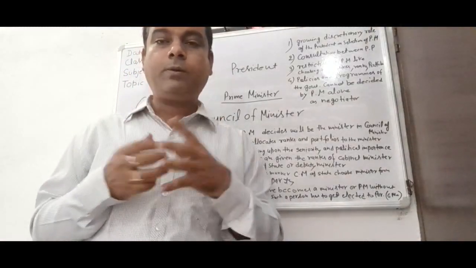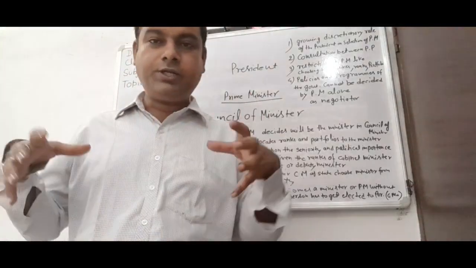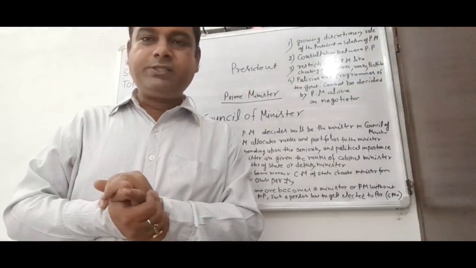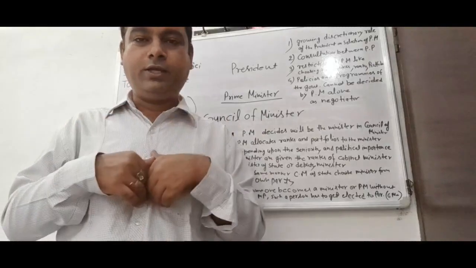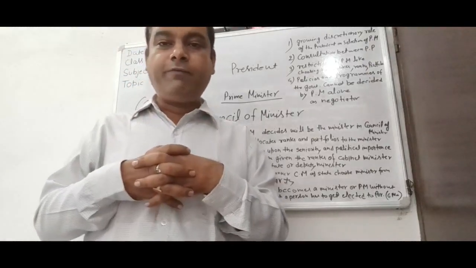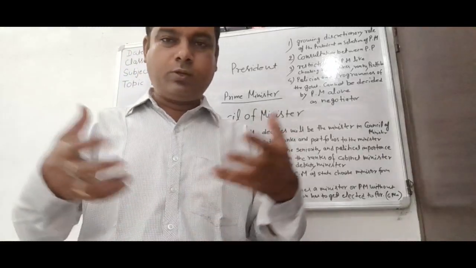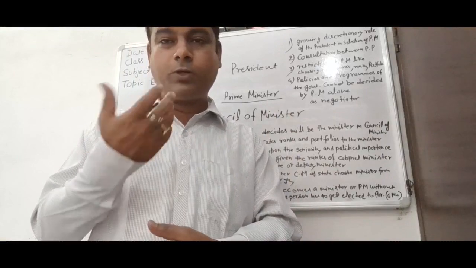Policies and programs of the government are decided by consultation with political partners. The Prime Minister cannot take decisions unilaterally. They need to consult their supportive or coalition partners on what the policy and program of the government will be.